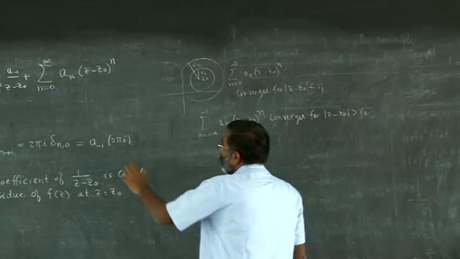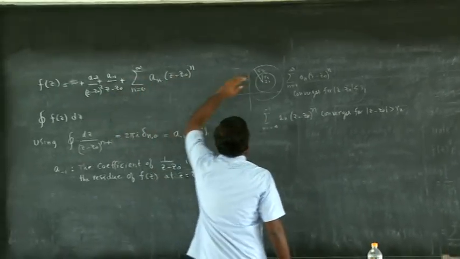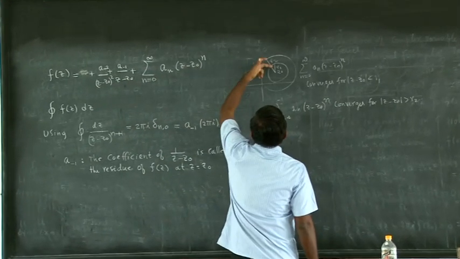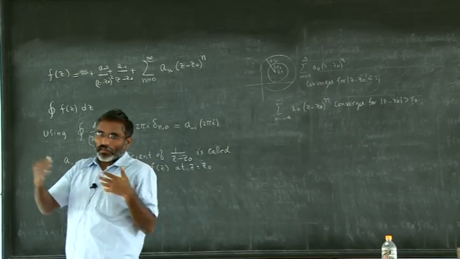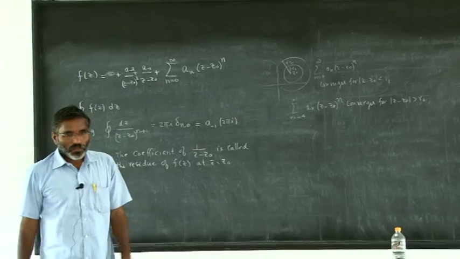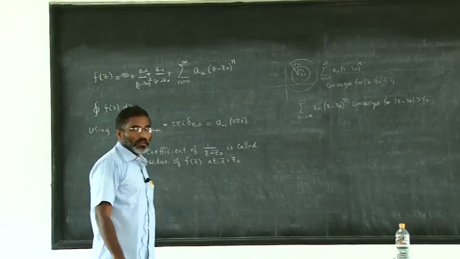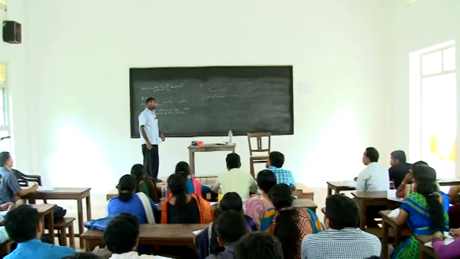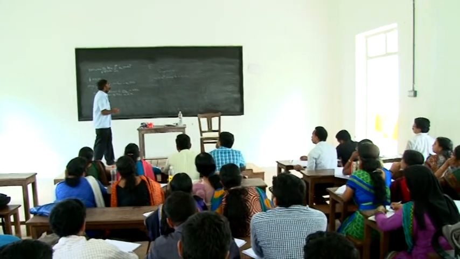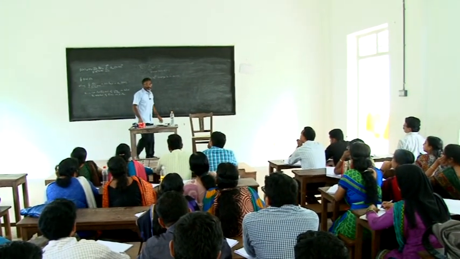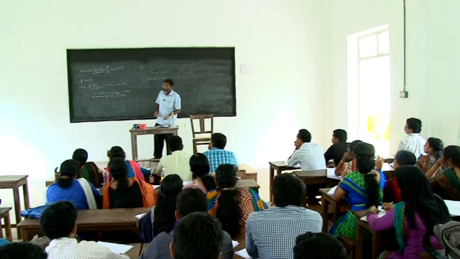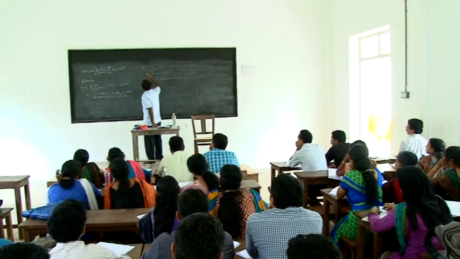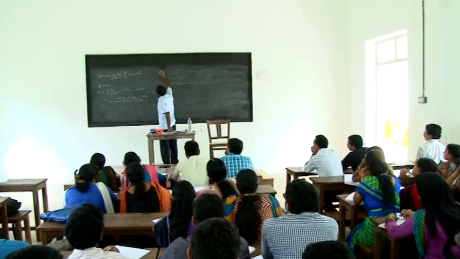That means all these negative powers will converge in this region, positive powers will converge in this region. So there is no region in this case where both will converge. But we can have a slightly better situation, where we call this r2 and this r1.